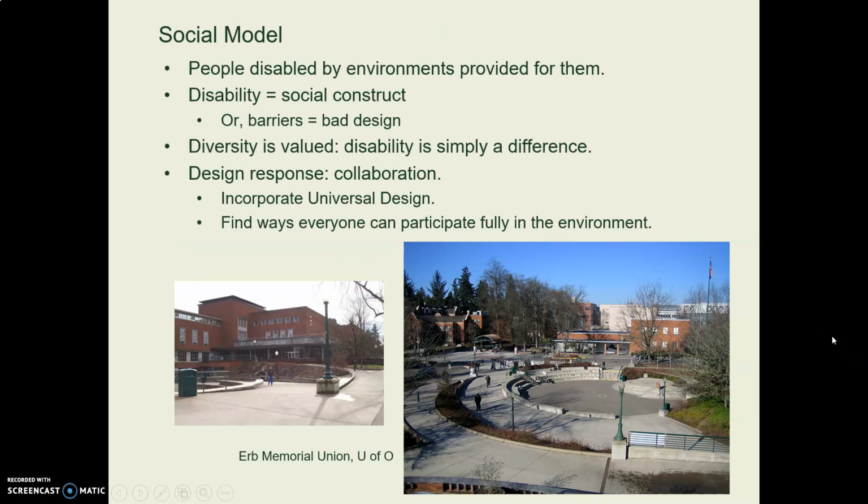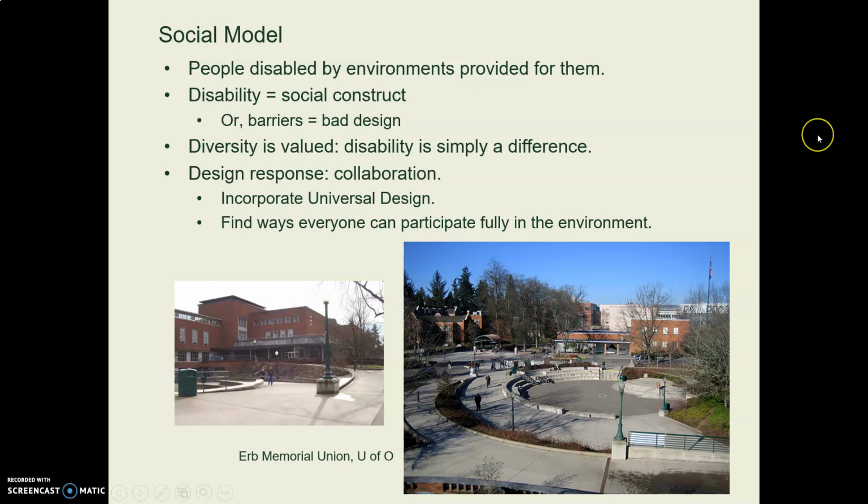The social model says it's not that there's something wrong with you. This is a design problem. You can't access our space because of bad design. So that's basically a social construct, and we should just do a better job of designing.